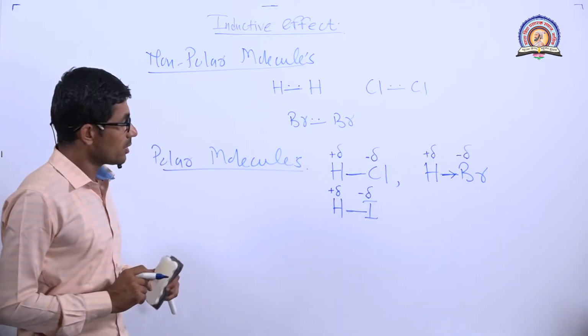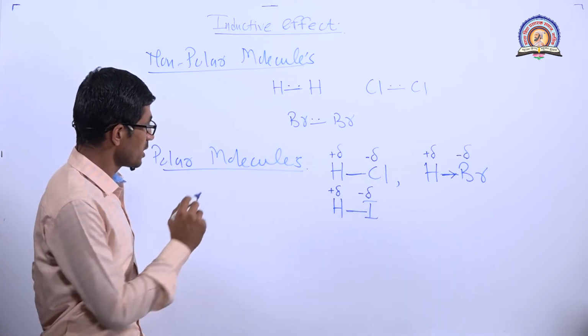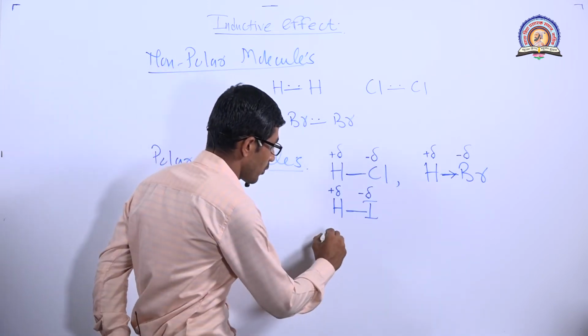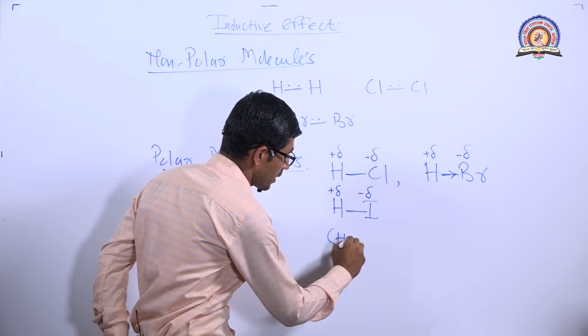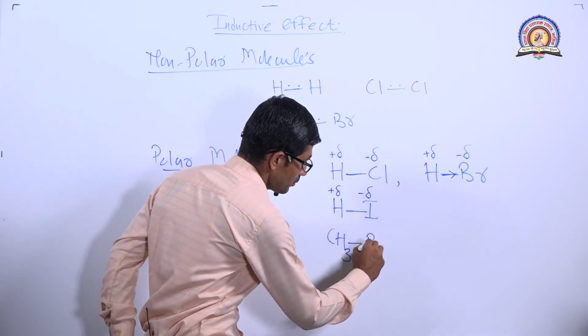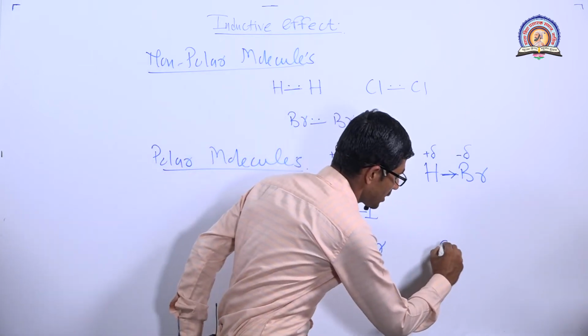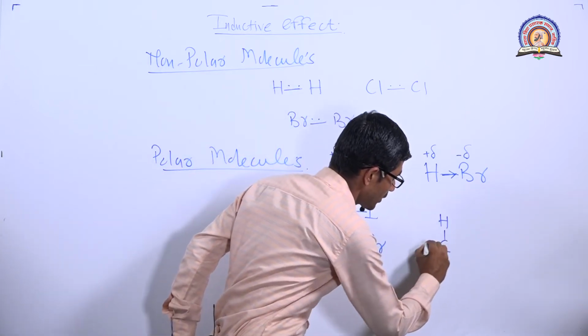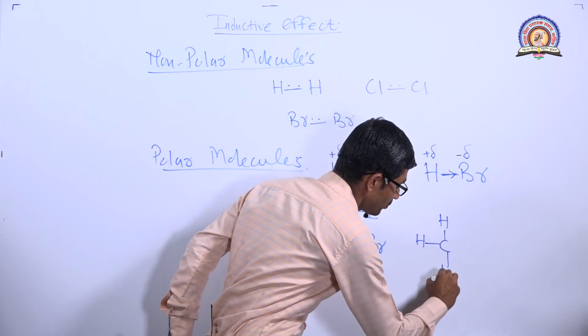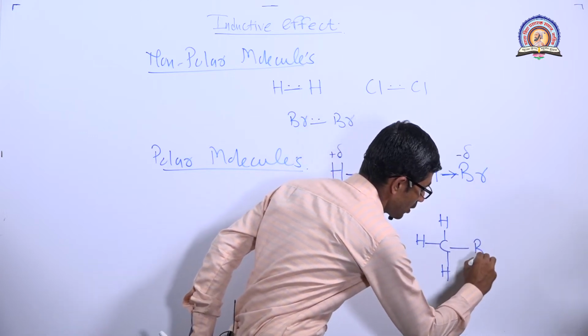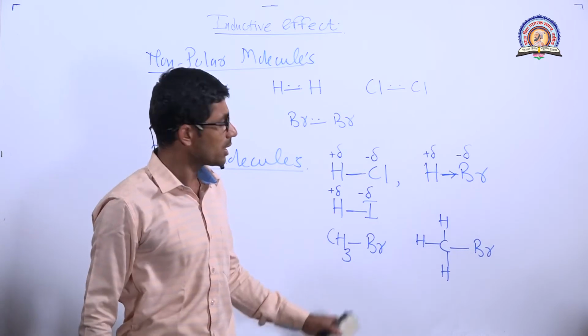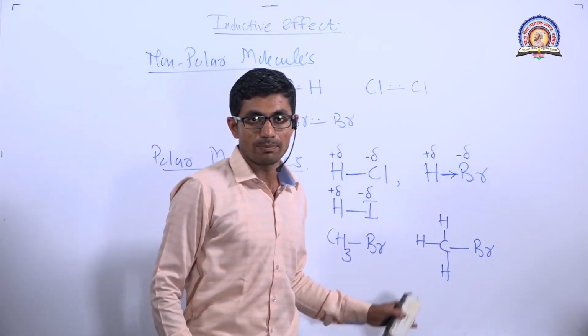Suppose the same concept we consider in organic molecules, suppose I take the example of methyl bromide here. So here, carbon and bromine, a bond is present between these two.